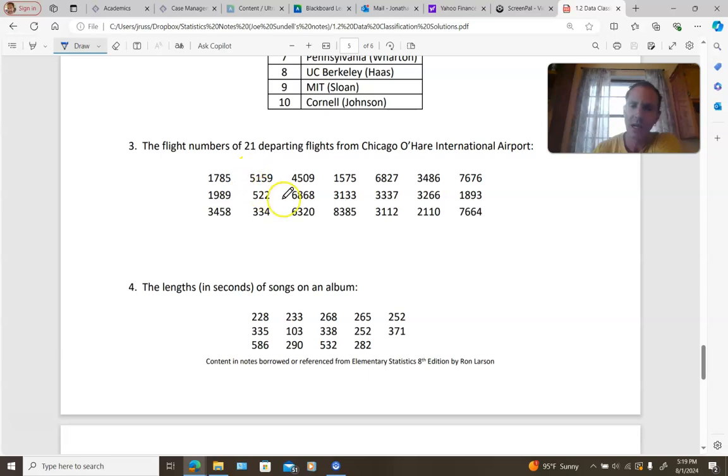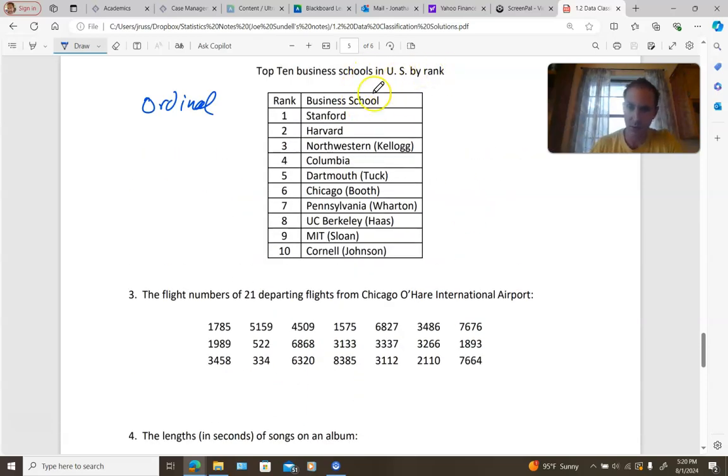Well, you can't really put these in order, guys. Now, I know numerically you could put them in order. You could say, oh, okay, 7,664 is the biggest. So what does that mean? That doesn't mean that flight is the best flight, okay? So yes, you could put these in order, but there's no meaning there. Okay, it's not like when we're talking about the best business schools by rank.